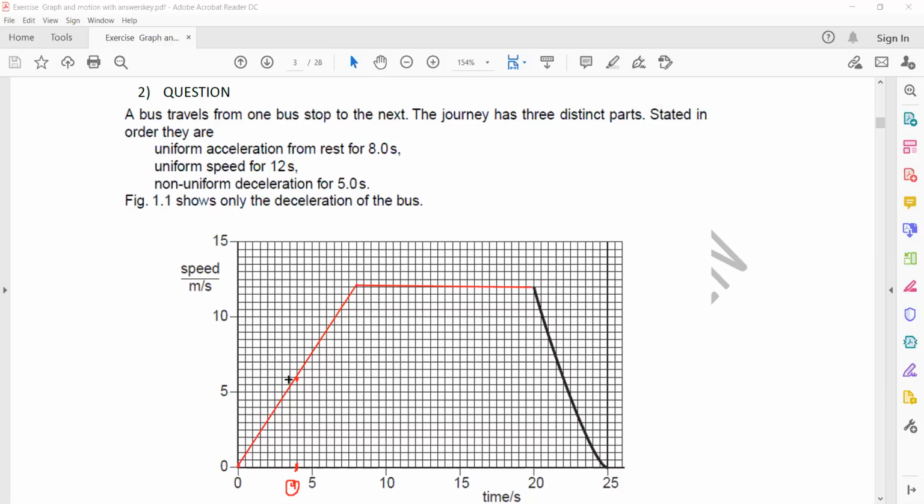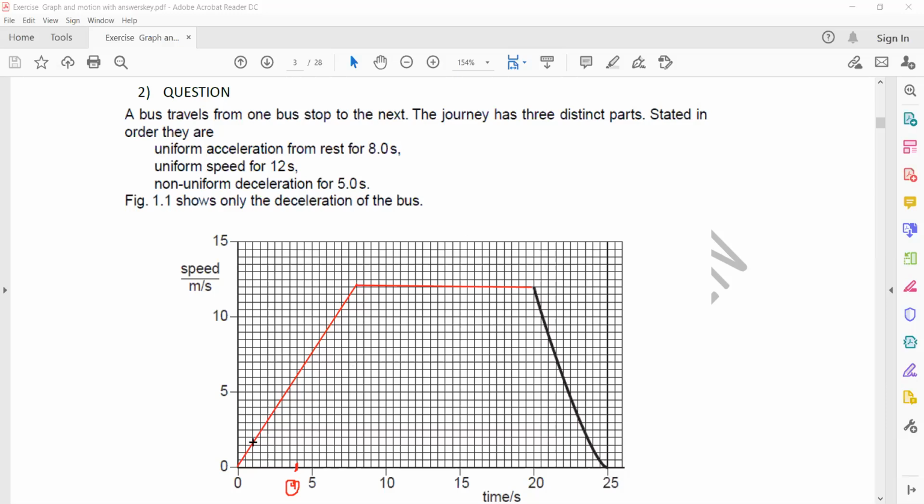Because it is a straight line, it is not necessary that you take 4; you can take any number, because for a straight line the acceleration is constant. I can take these two points to calculate the acceleration.